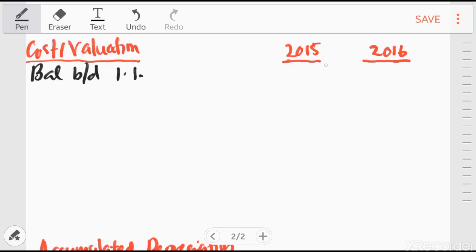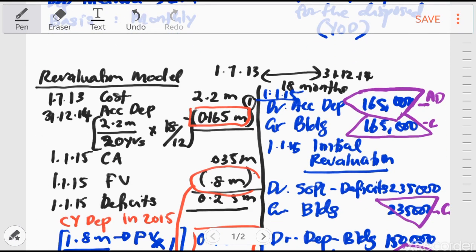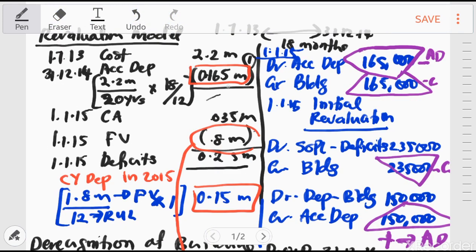So the figure given to you was the cost as at 1st of July 2013. And remember, there was a revaluation in 2015 on 1st of January. But before the revaluation, the cost is still being shown. So I put the cost, 2.2. Okay. And then there was this revaluation that took place. Remember our working earlier? Revaluation here, right?